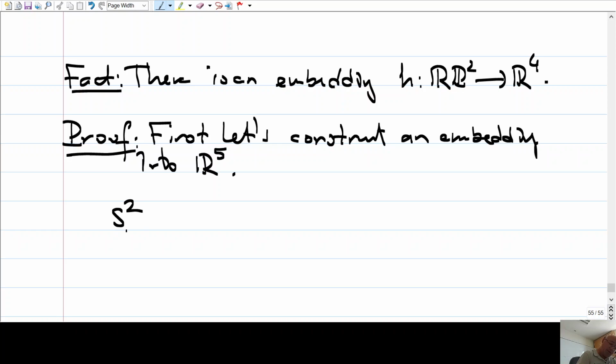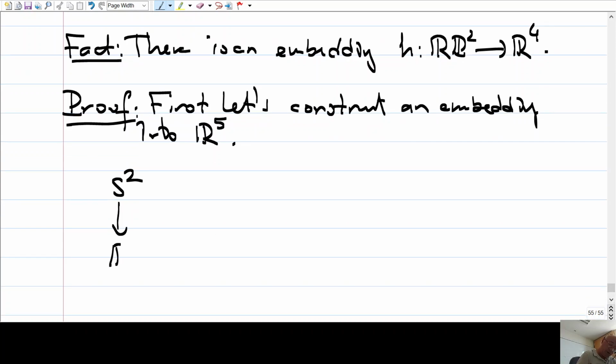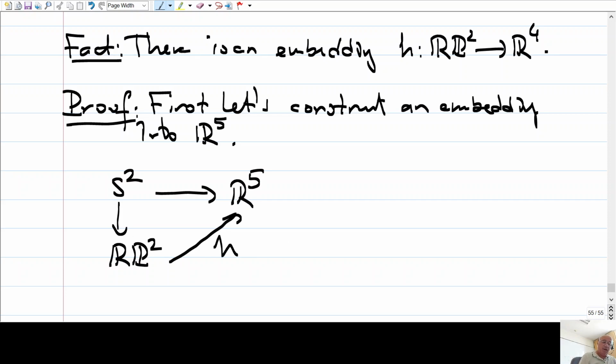And I have RP2 here. And I need to find an H into, say, R5.